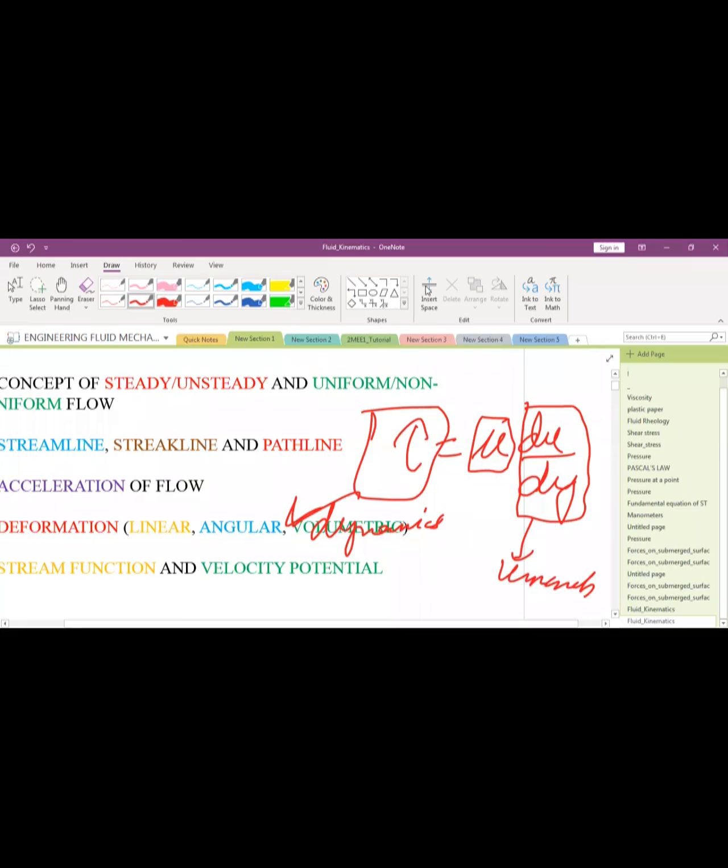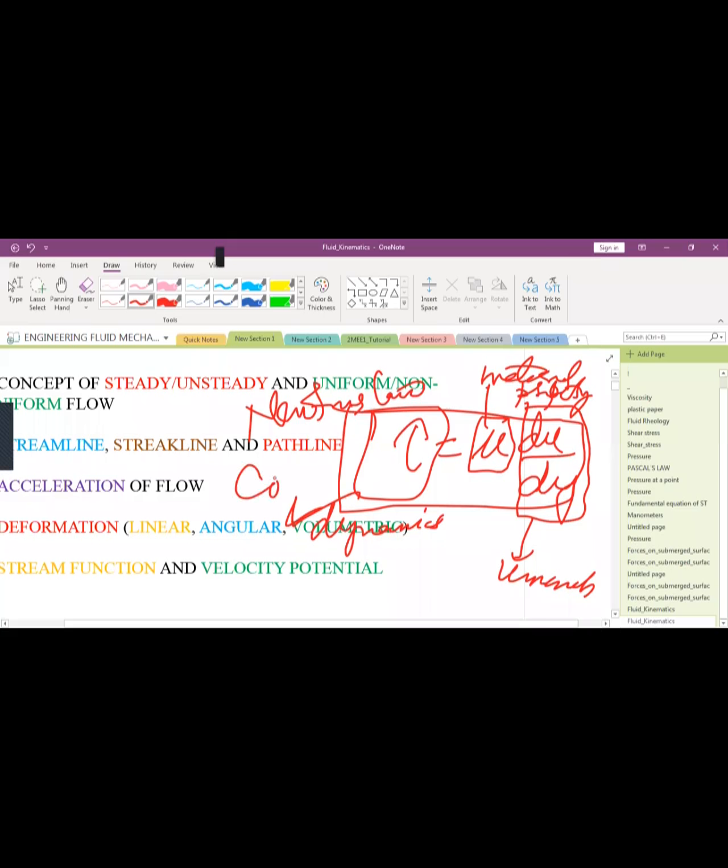And what is the material property that is building a relationship between the two? Mu. So this is the material property, the coefficient. So this entire thing was called Newton's law of viscosity, and that is also called a constitutive relationship. And clear? Any doubts to anyone?